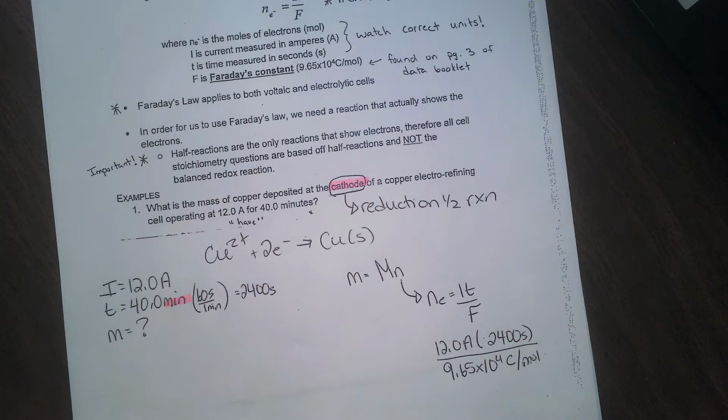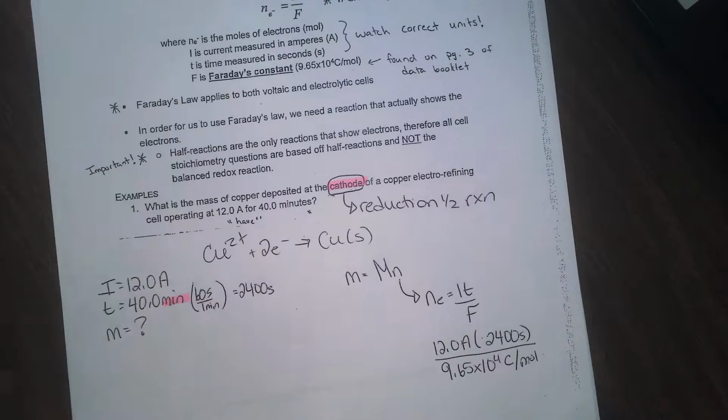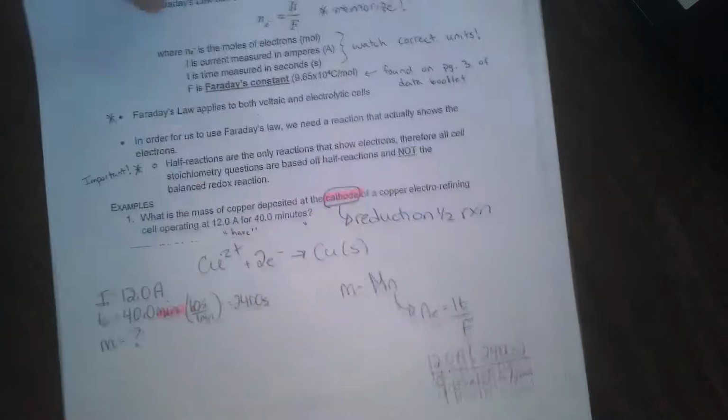How about kQQ over r squared? Electrons carry a charge. Coulombs measure charge. It's an electricity piece. It's been a while since physics, but lo and behold, here we are.